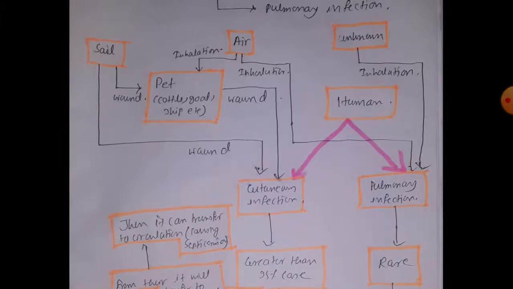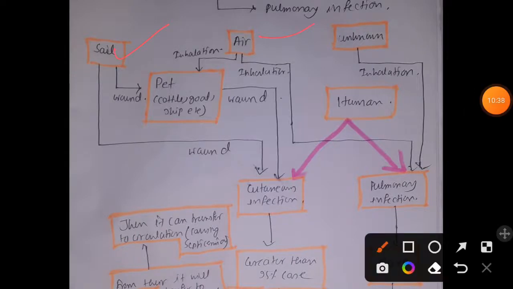There are two sources where Bacillus anthracis lives in the earth, right? One is soil and the other is air. More specifically, the spores of Bacillus anthracis reside in soil and air. From soil via a wound, Bacillus anthracis can directly infect a human, or from soil it can first infect pets via their wounds, and then from pets it can be transferred to the human, again via their wounds.